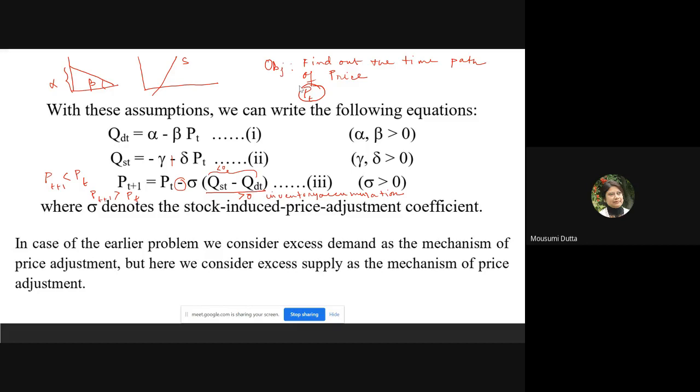Okay, so this is the thing. We will like to find out PT.